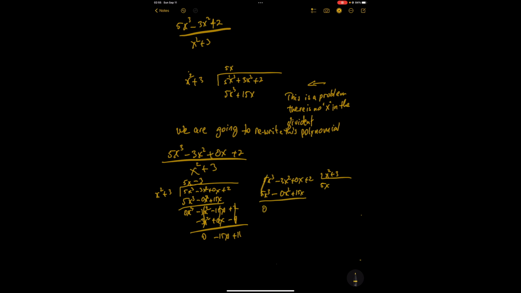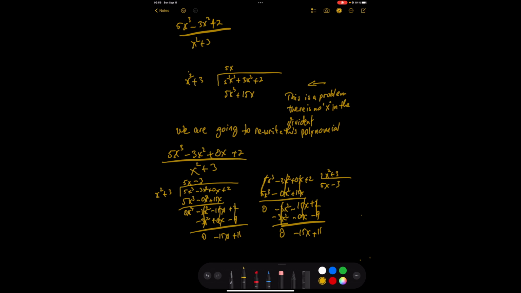So that's equal to 0. That would be equal to negative 3x squared. And 0 minus 15 is equal to negative 15x. Put down the 2. Then we're going to have negative 3. Negative 3 times x squared is equal to negative 3x squared. Negative 3 times 3 is equal to negative 9. And there is nothing for the x. So that will be equal to 0. That will be equal to negative 15x. And that will be equal to positive 11.